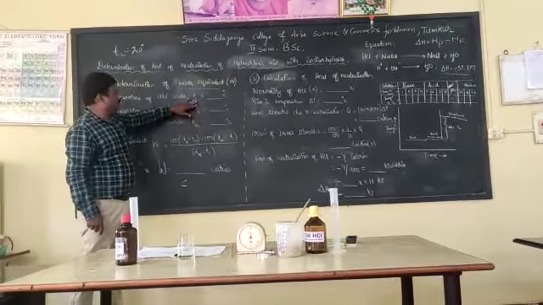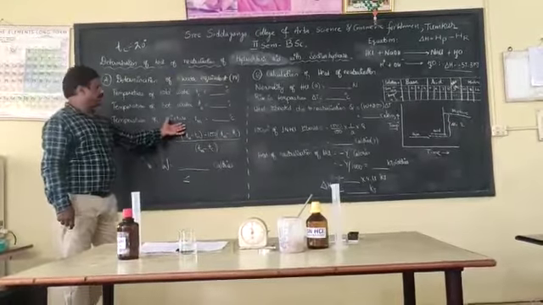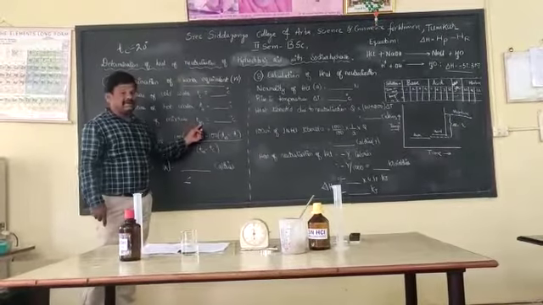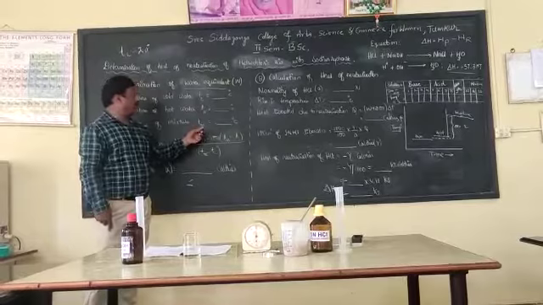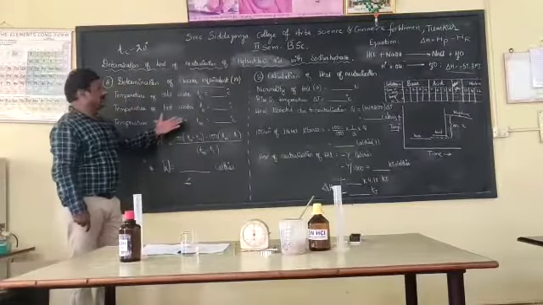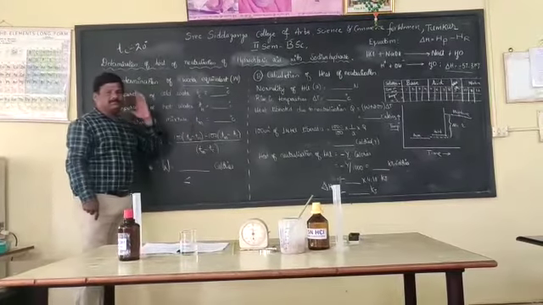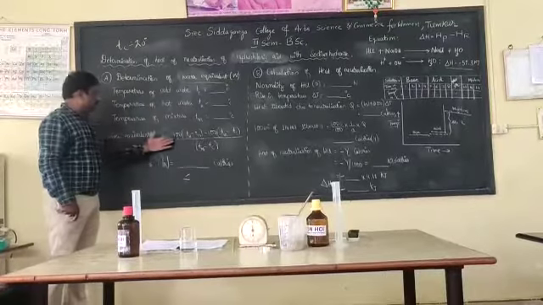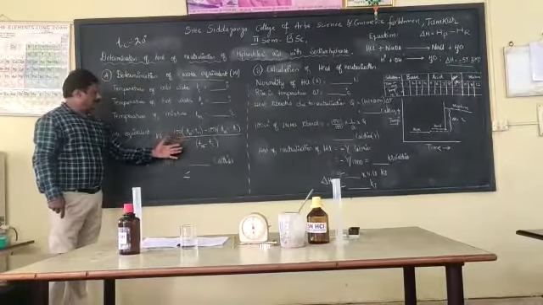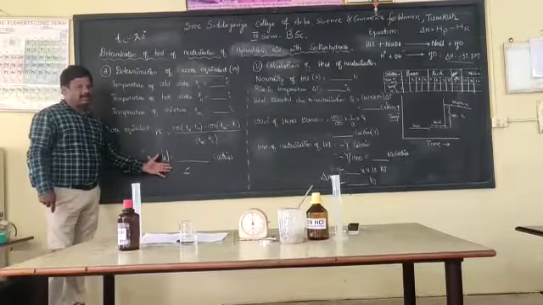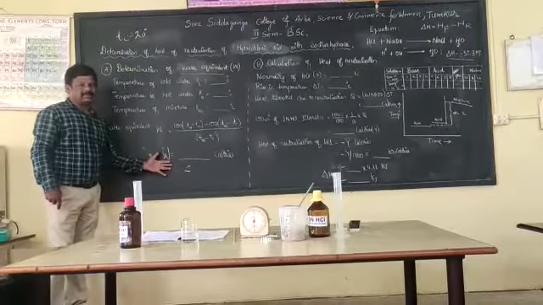Then immediately mix this hot water with the cold water and note down the temperature of the mixture, that is called Tm. After recording all these values, Tc, Th, Tm, you substitute them and calculate the value of W, that is called the water equivalent.